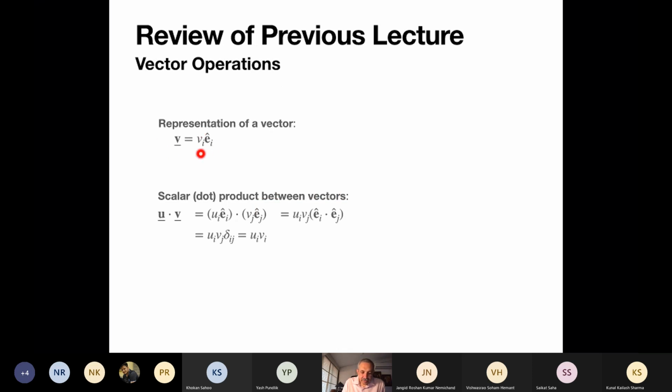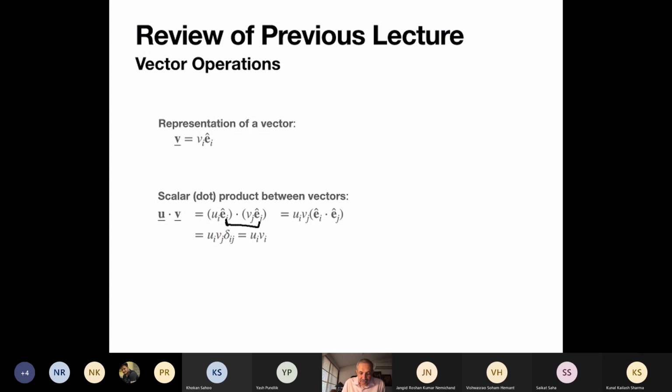But mainly we said, okay, we'll write the vector as a scalar times a unit vector. And then for any operation, let's say a dot product, you will always take the dot between the unit vectors and take the scalars out of the brackets. And then the dot product will be given by the Kronecker delta. So you have Ui, Vj, delta ij.